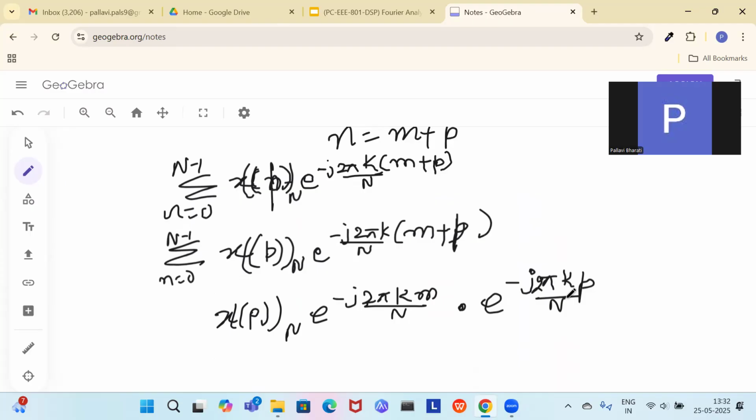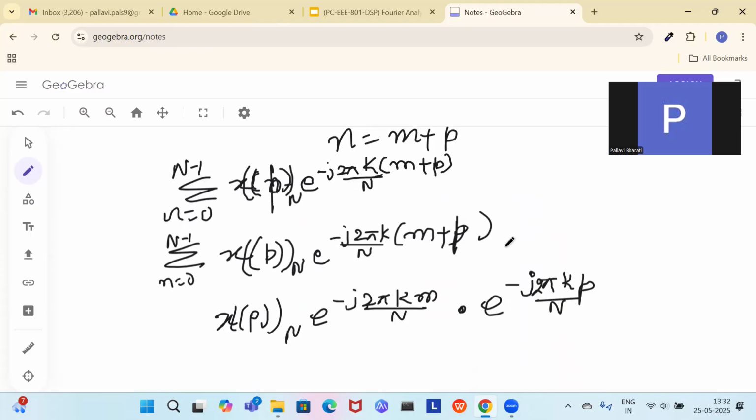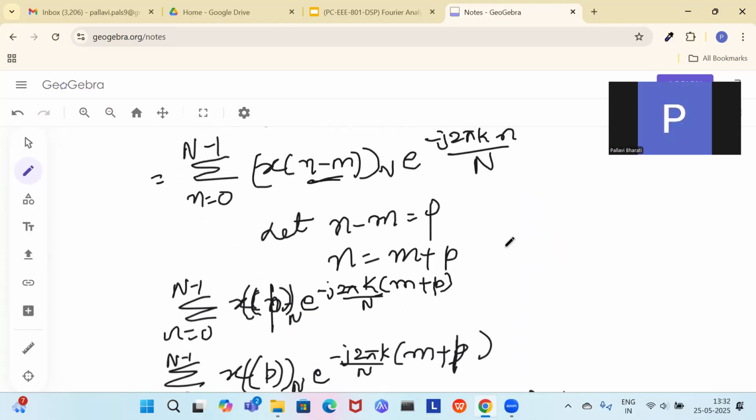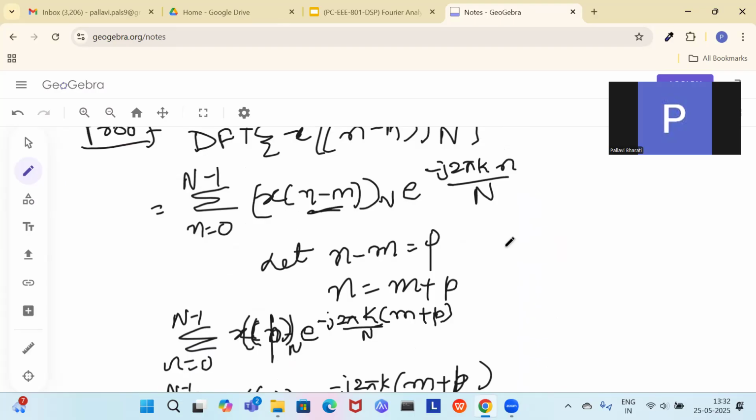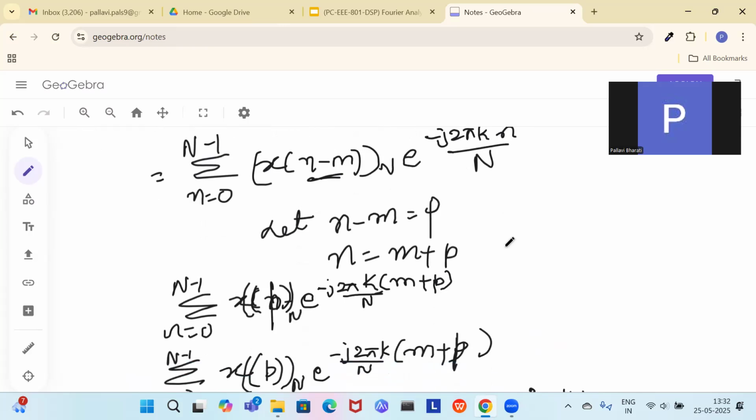Till here, everything is like the previous portions only. Just you have to keep in mind that you have to take the previous thing, that was n minus m, you are taking equal to p. So once you take that n minus m is equal to p, the rest of the things will go on normally.